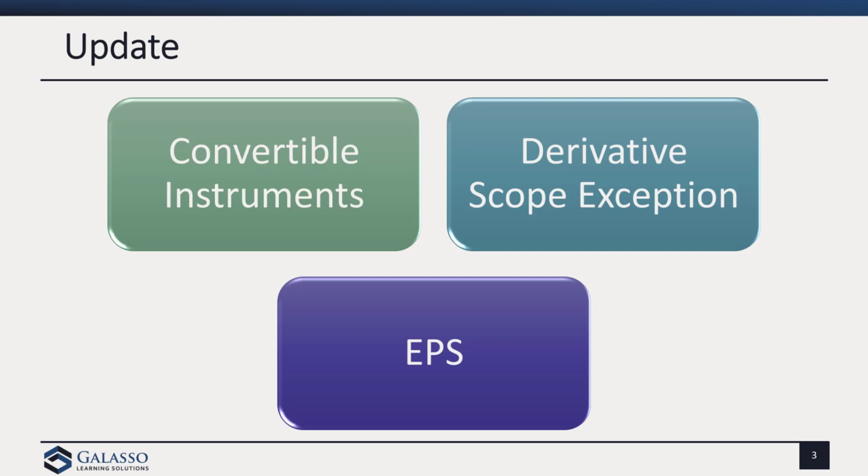In terms of the derivative scope exception, the entity, when we think about this, has to determine whether an equity contract qualifies for a scope exception from derivative accounting, right? So this is that concept of whether the contract is indexed to the entity's own stock, which we refer to as the indexation guidance, and whether the contract is equity classified, which is referred to as settlement guidance.